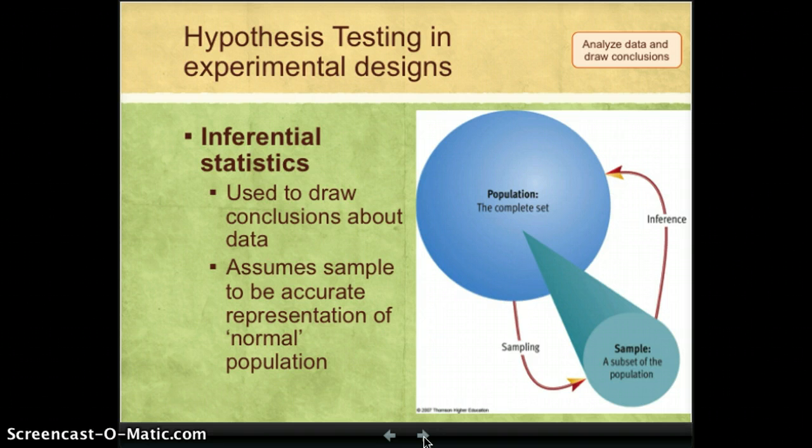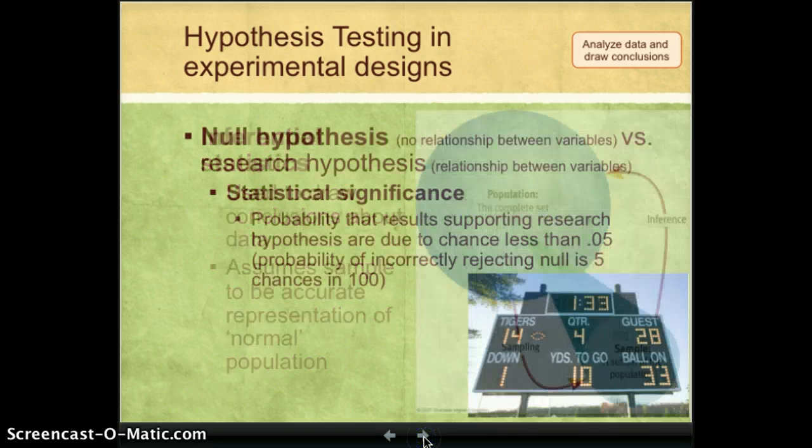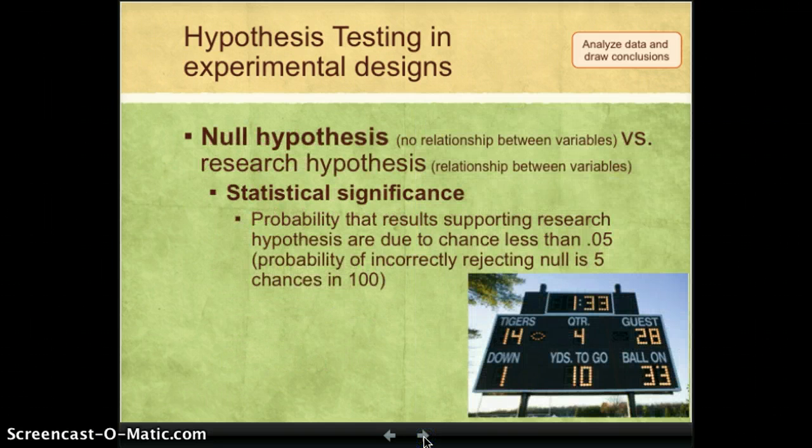When we're testing to see if there is a difference between groups in experimental designs, we test something called the null hypothesis.